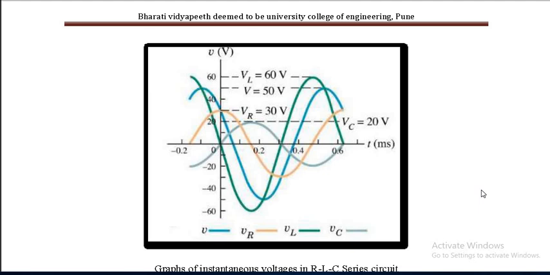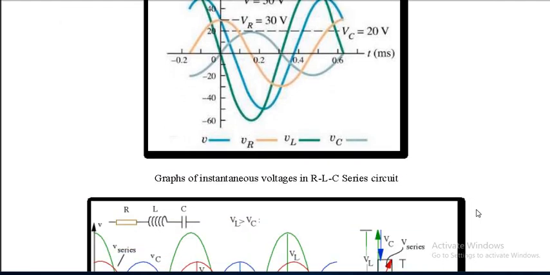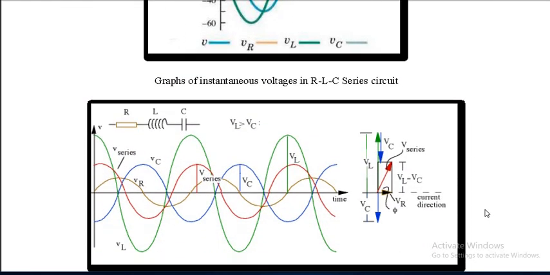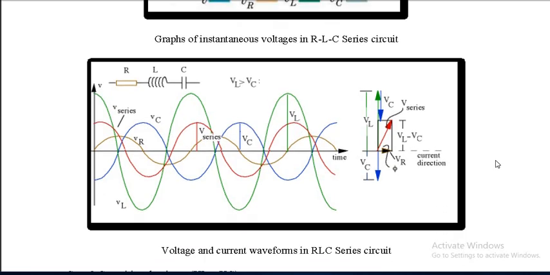This is just to give you an example. Again, in another way I'm putting it as VL greater than VC. You can see over here this is VR's peak, this is VC, and VL greater than VC, with R, L and C connected in series. Here you can see this is VR, this is VL minus VC, and the resultant is V.